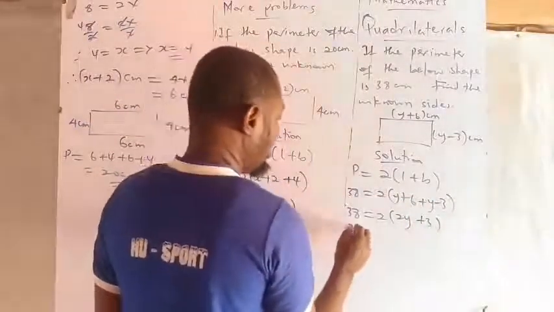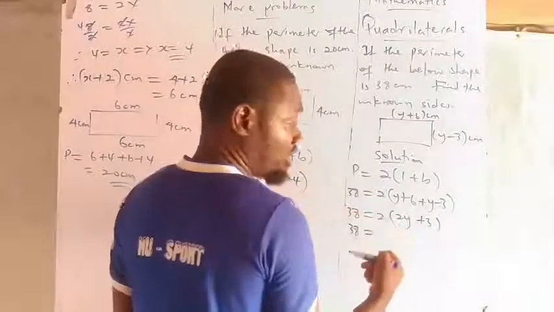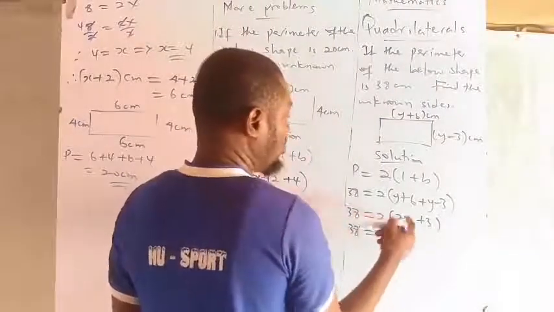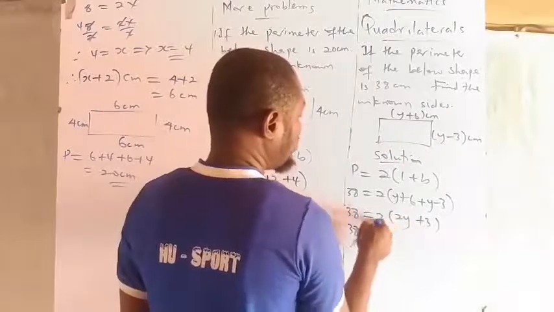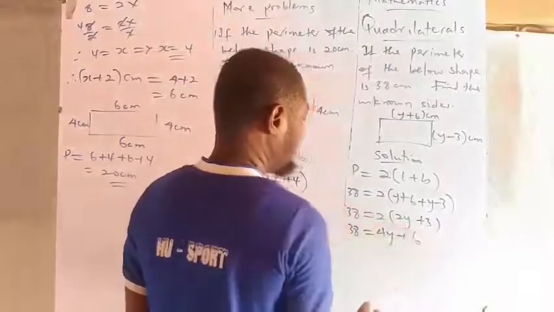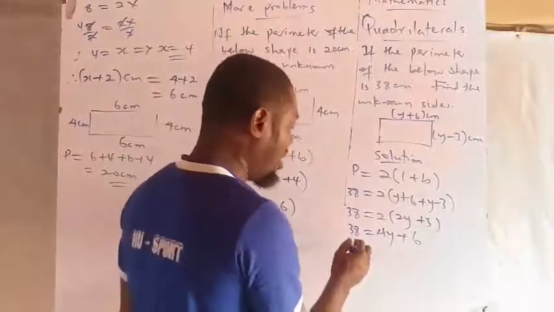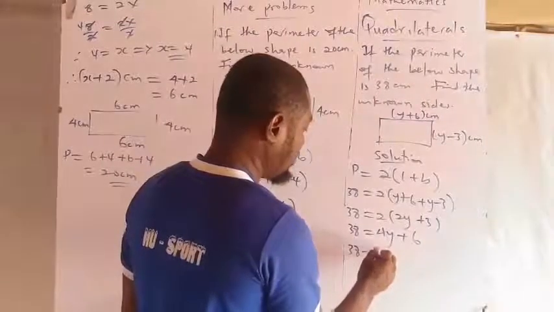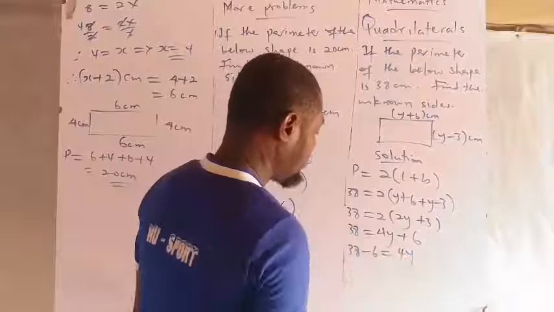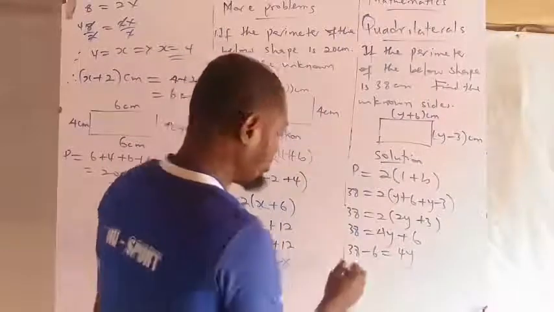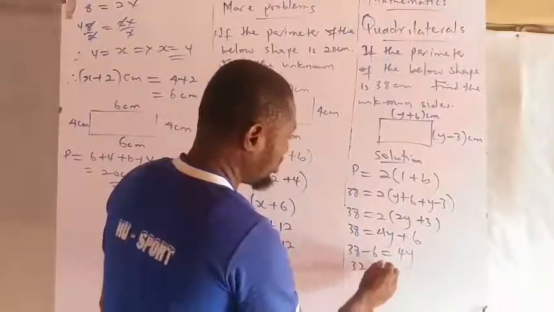That will be 38 is equal to, expand the bracket, 2 times 2y is 4y, 2 times 3 is plus 6. Collecting like terms or trying to make y the subject, I'll have 38 minus 6 is equal to 4y. 38 minus 6 will give us 32 is equal to 4y.